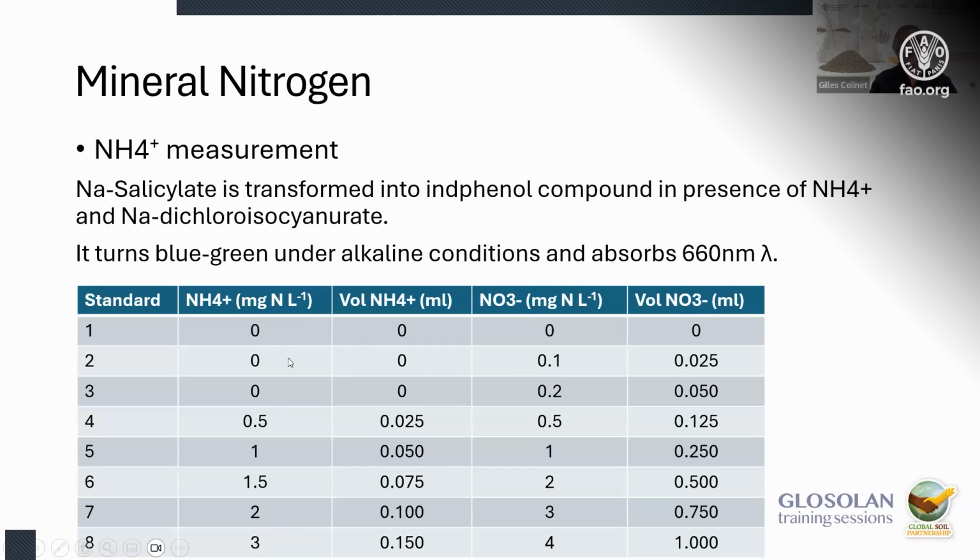So for ammonium, it goes from 0 to 3 milligrams of nitrogen per liter in solution, and for nitrate it's a bit larger, up to 4 milligrams of nitrogen per liter. So with these standards, we can usually measure what we find in the soil extracts.